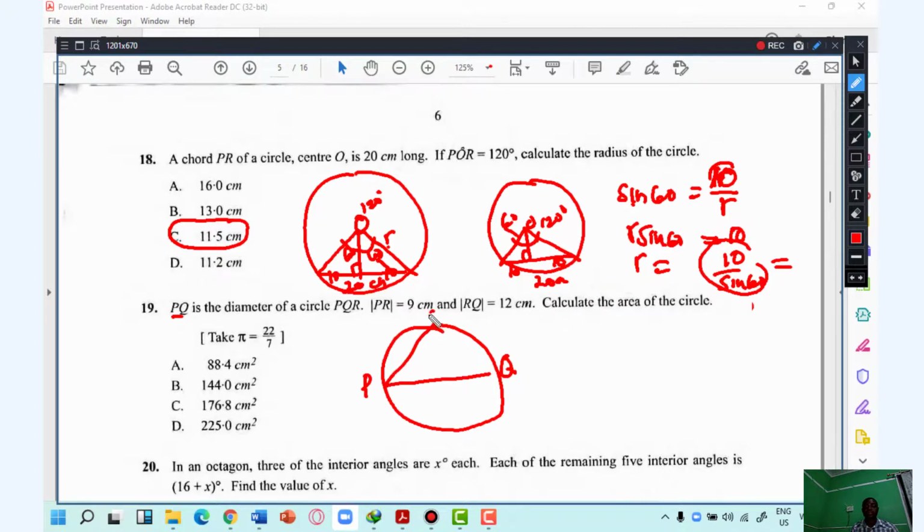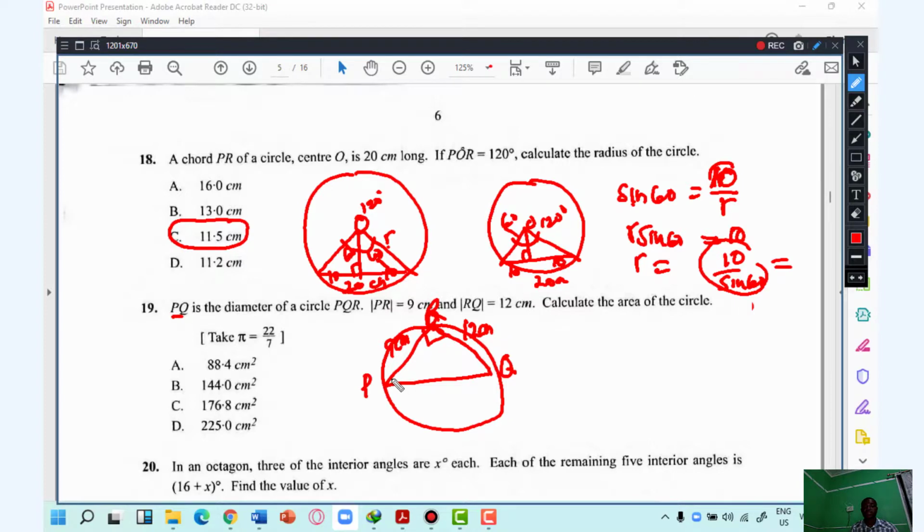Let's put our Q here, PQR, so put R here. Then PR is 9 centimeters and RQ is 12 centimeters.